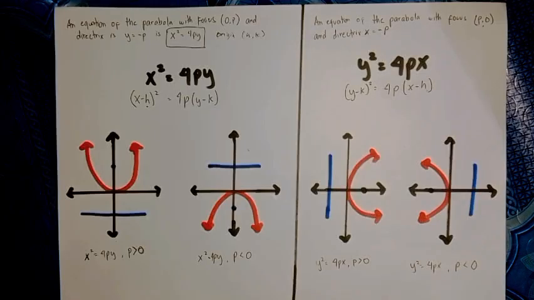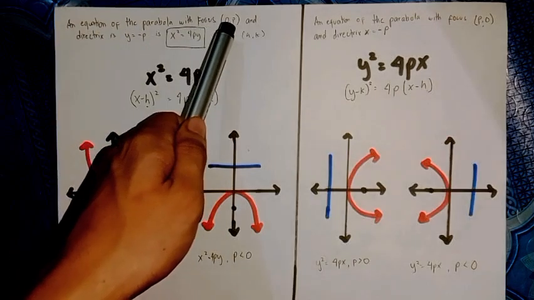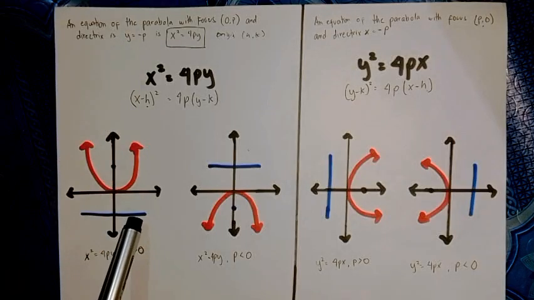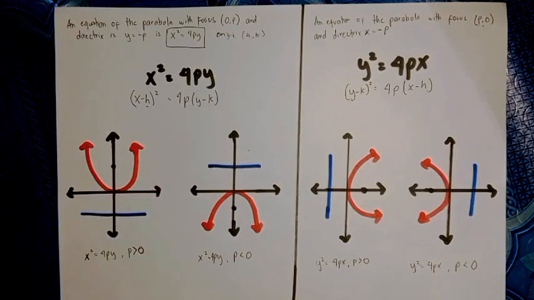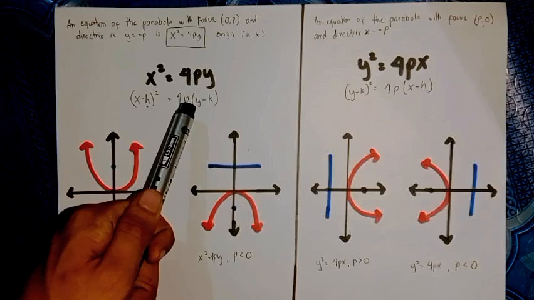The equations of a parabola. First, we have the equation of the parabola with focus (0, p) and directrix y = -p: x squared is equal to 4py, or (x minus h) squared is equal to 4p(y minus k).